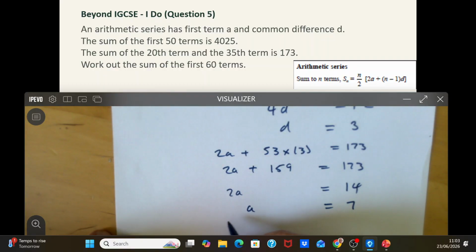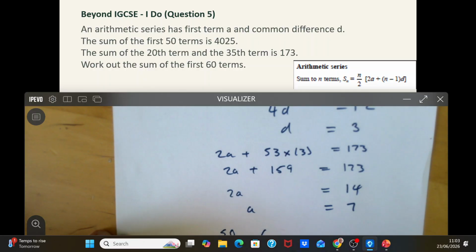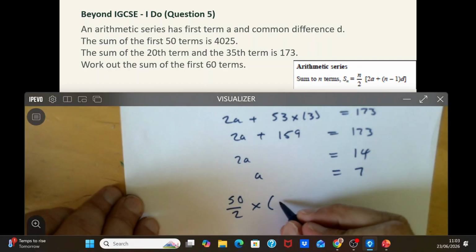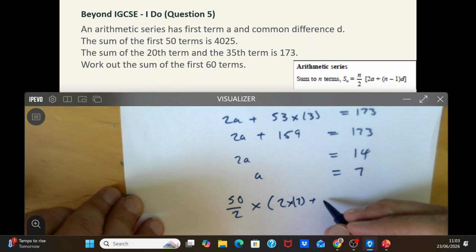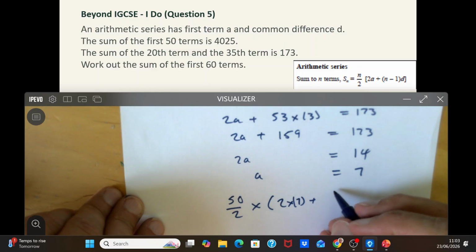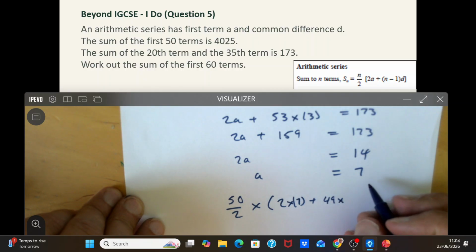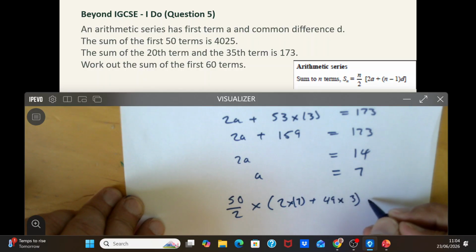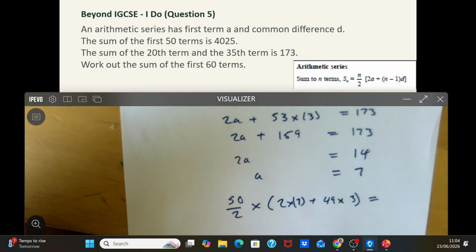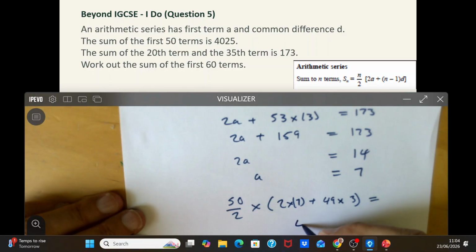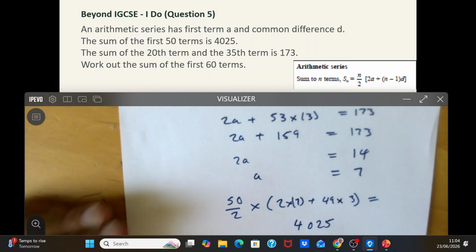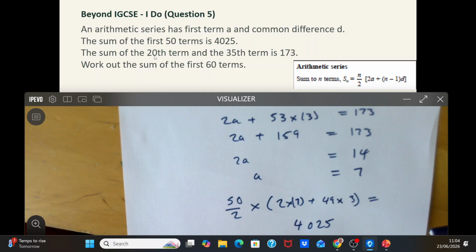So going back to the series, 50 divided by 2 times 2 times 7 plus 49 times 3 equals 4025. Brilliant. Thank you. There we are.